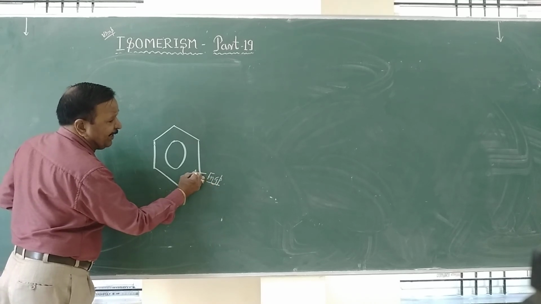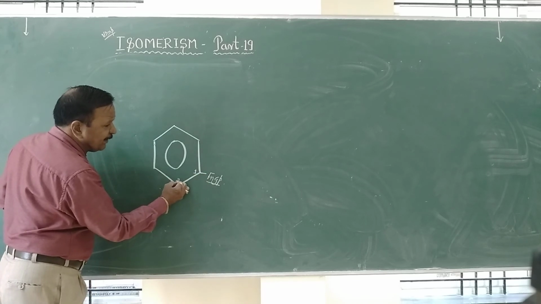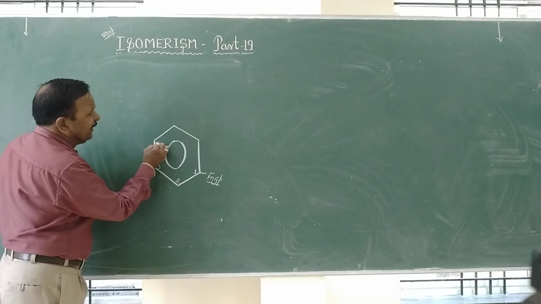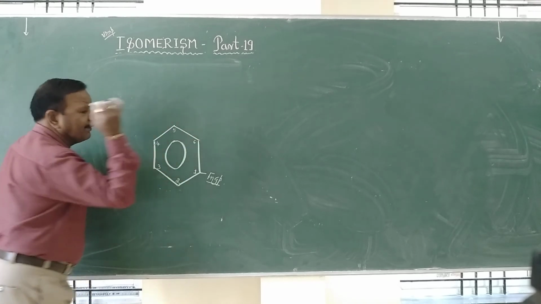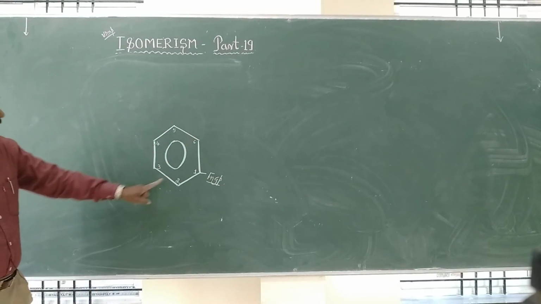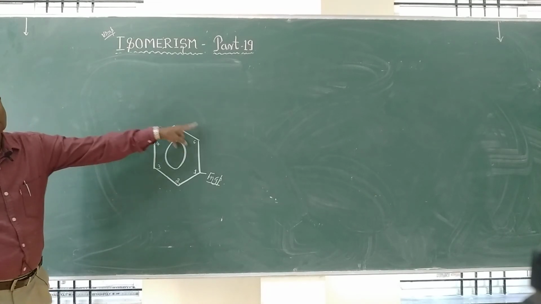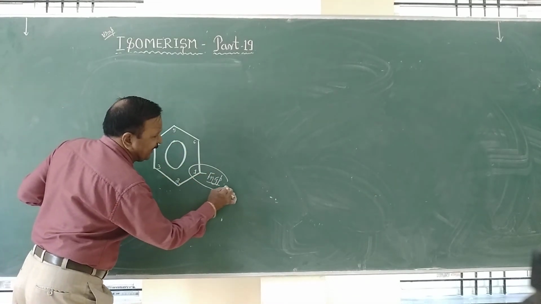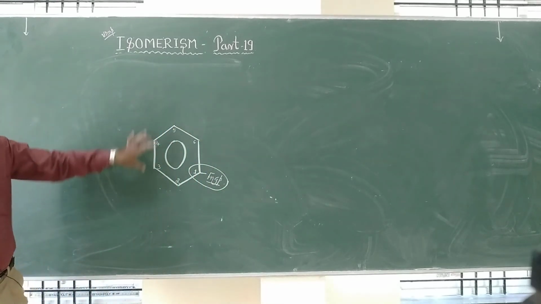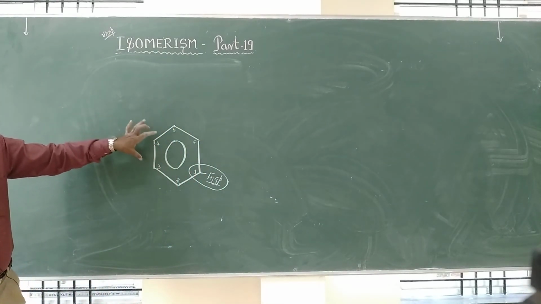This is number 1. Then this becomes number 2, number 3, number 4, number 5, number 6. If you start from here, this will be 1, 2, 3, 4, 5, 6. So this first functional group is going to decide the other remaining 5 positions.